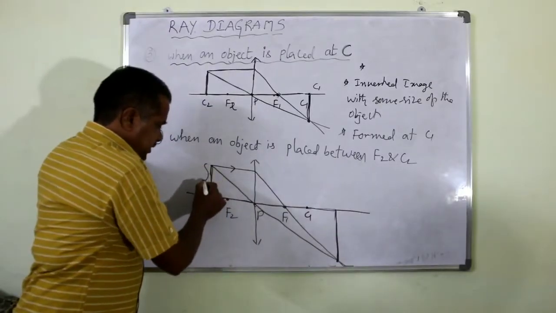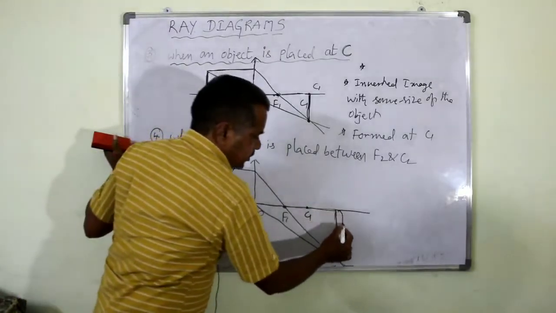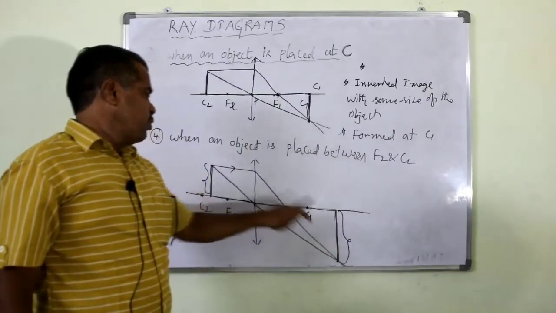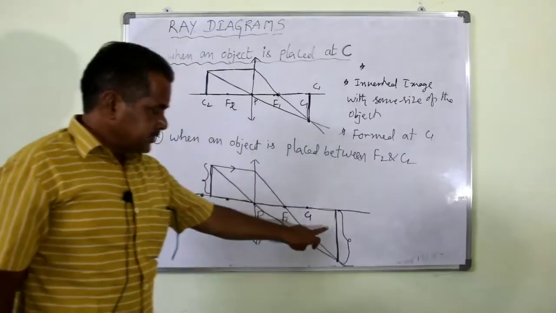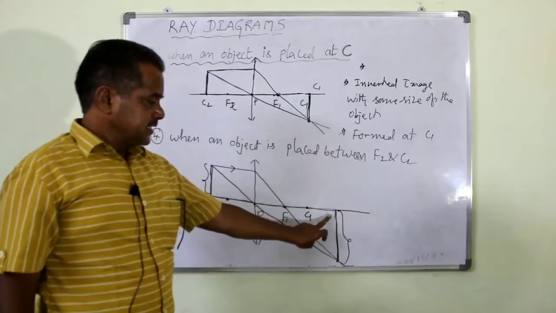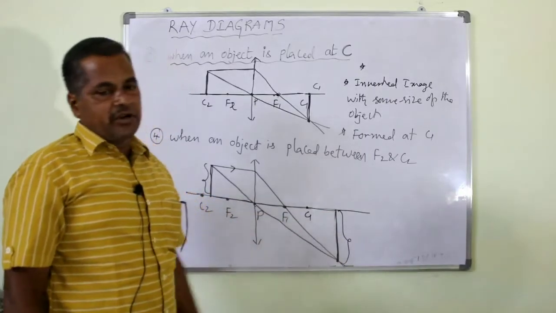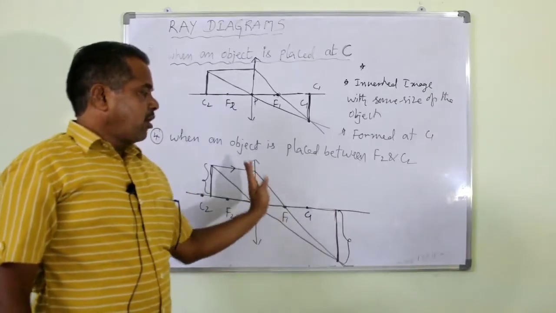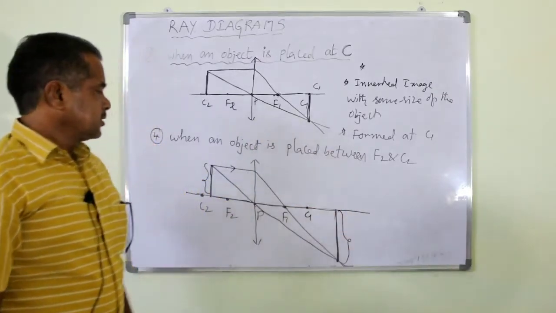If you observe the size of the object and the size of the image, it is very clear that the size of the image is more than the size of the object. That's why we can say that this image is a magnified image. Inverted, magnified, real image formed beyond the center of the curvature.